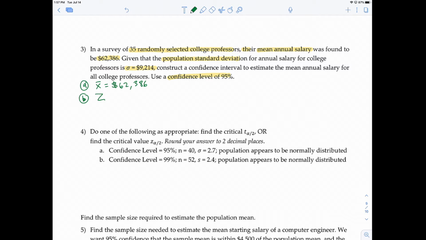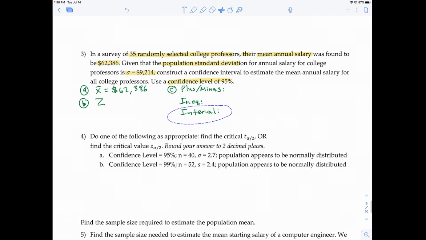So then question C says, construct the confidence interval and write it in all 3 forms. So we have the plus-minus form, the inequality form, and the interval form. The easiest one to obtain is the interval, because we know we can use the calculator for that.